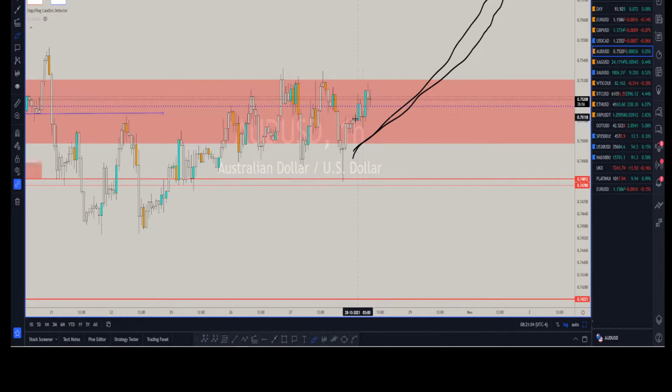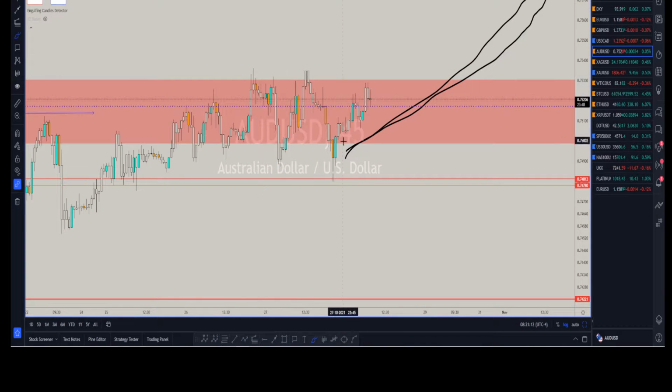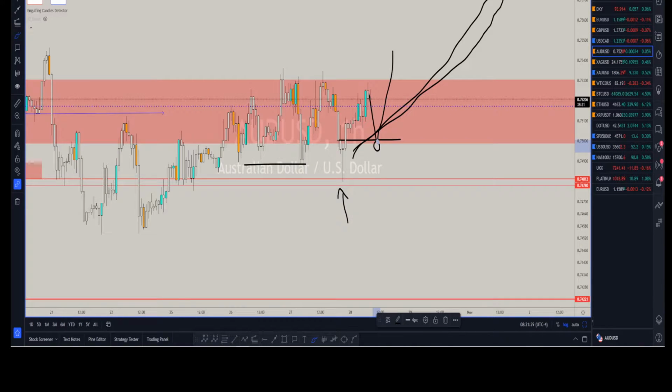So when there's no liquidity grab on these OBs, I don't really like them that much. There you go. So we might be looking at something like this. See, this was a liquidity grab of the lows, and we might have a bounce from here. So I'll be watching this one for me to take a buy from here. And is there a sell setup?